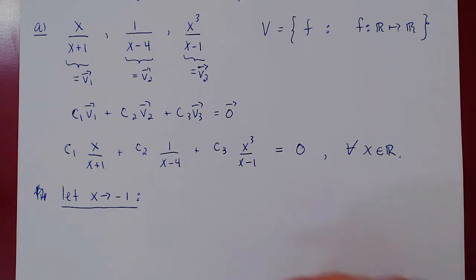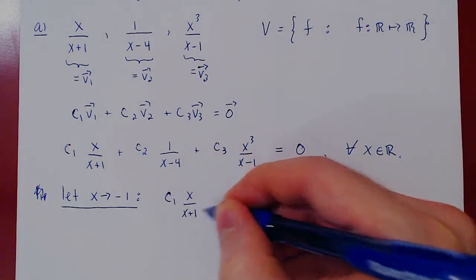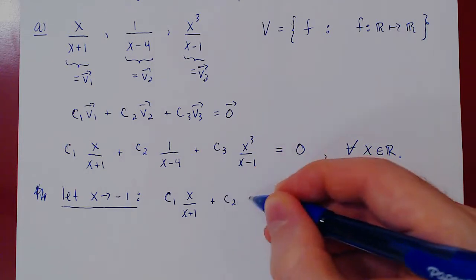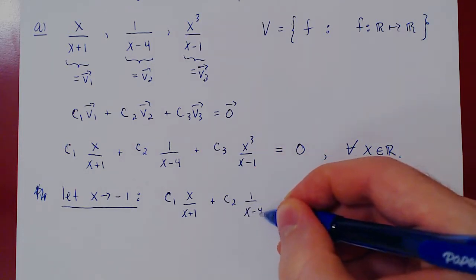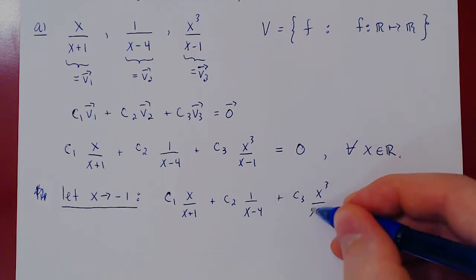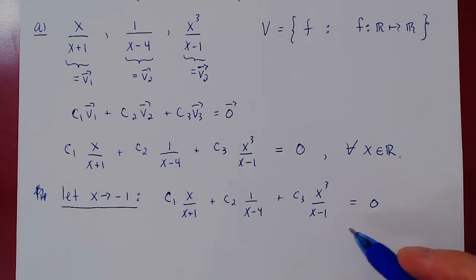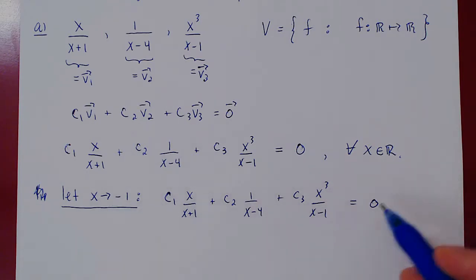Let me rewrite the linear combination. C1 x over x plus 1, plus C2 1 over x minus 4, plus C3 x cubed over x minus 1, and that is 0 for all values of x. So as we're letting x approach -1, this will always be equal to 0.